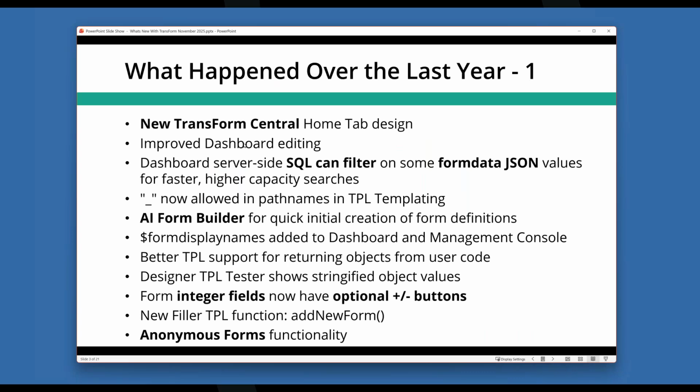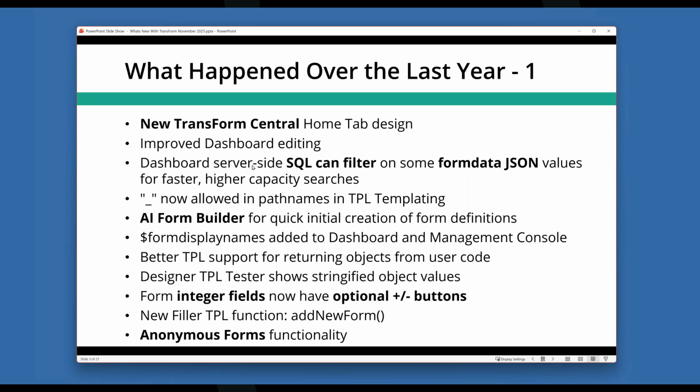But one that affected performance is that when you're working in the dashboard, you can filter your data on the server before bringing it down to analyze in the dashboard, and that can be done both with SQL using a database, or it can be done programmatically on the server.